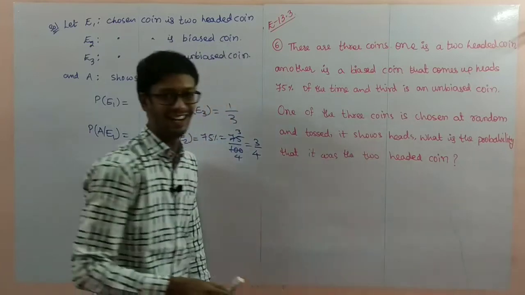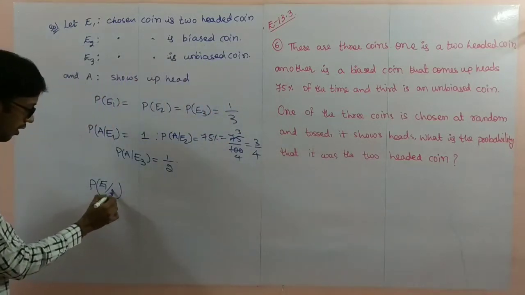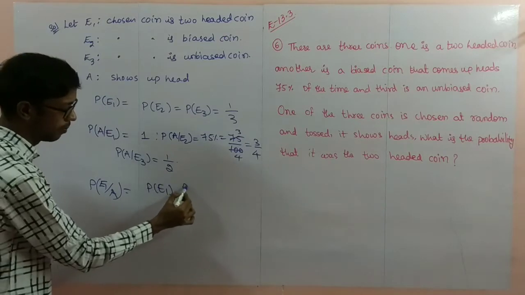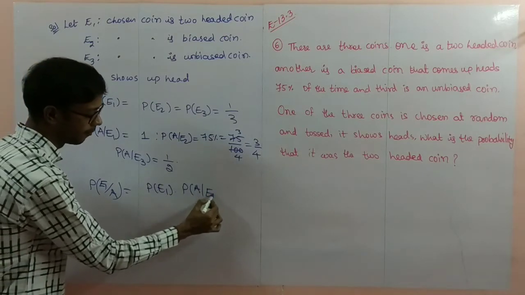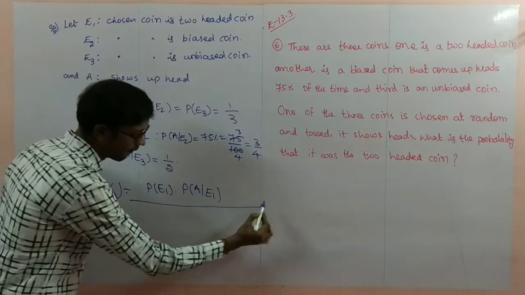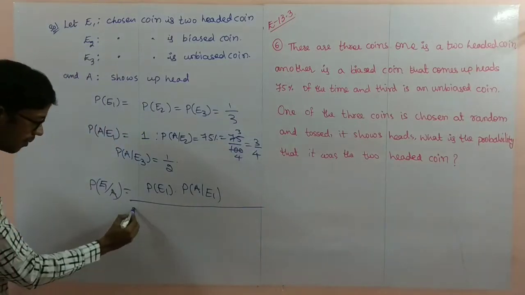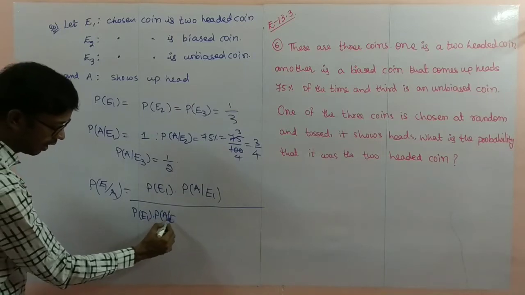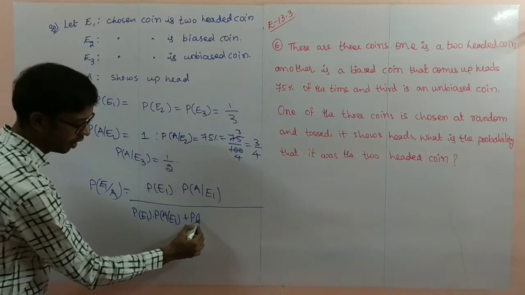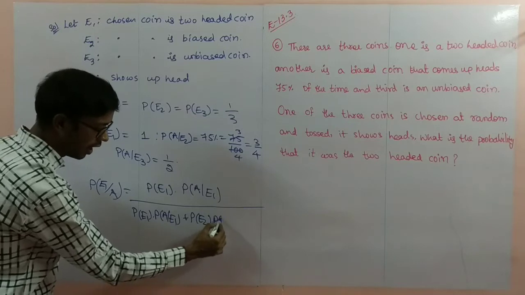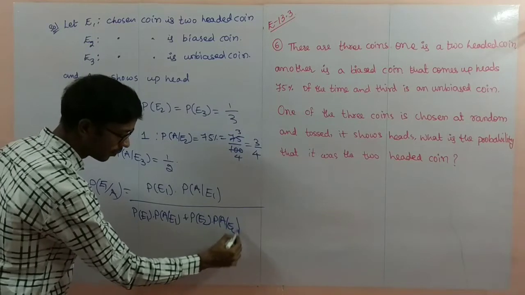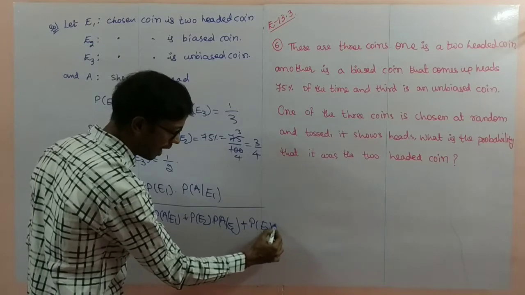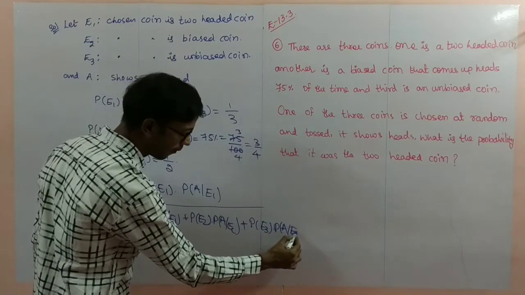It shows the head, that is A. So the formula: P of E1 into P of A by E1, divided by P of E1 into P of A by E1 plus P of E2 into P of A by E2 plus P of E3 into P of A by E3.